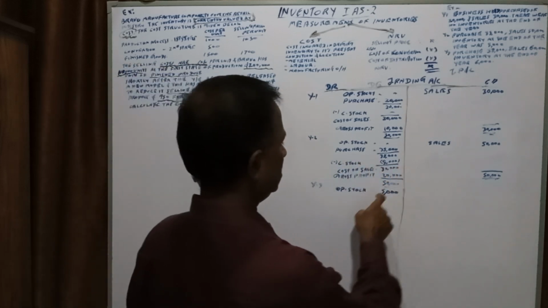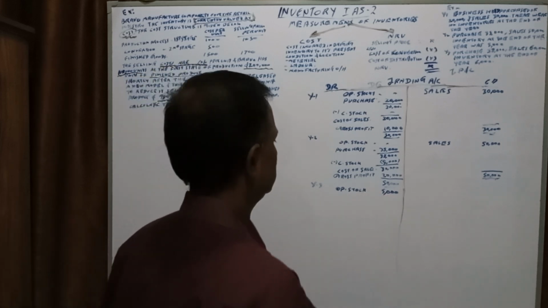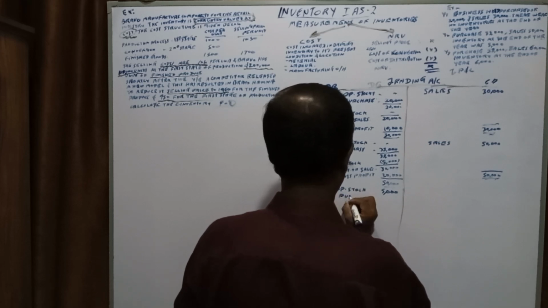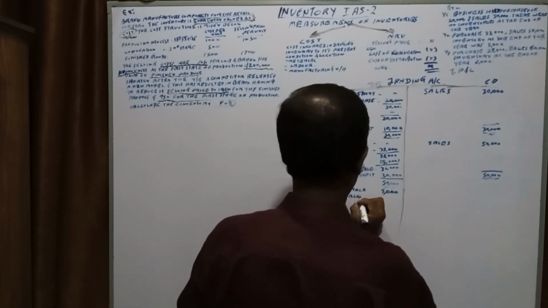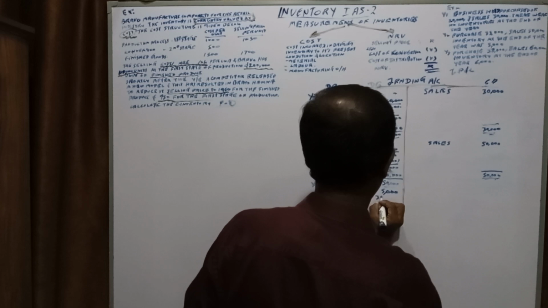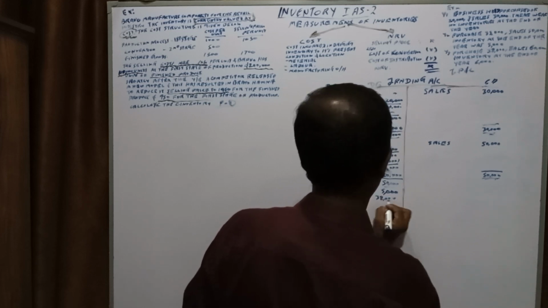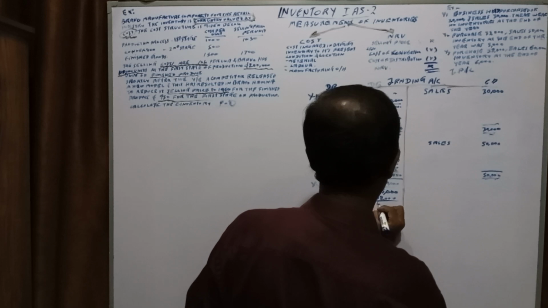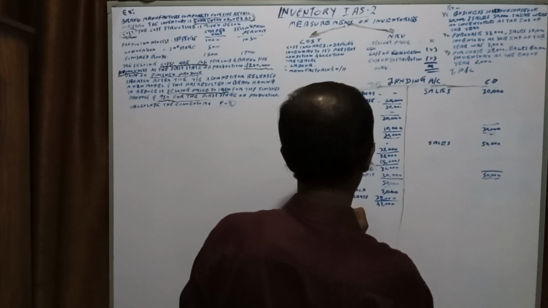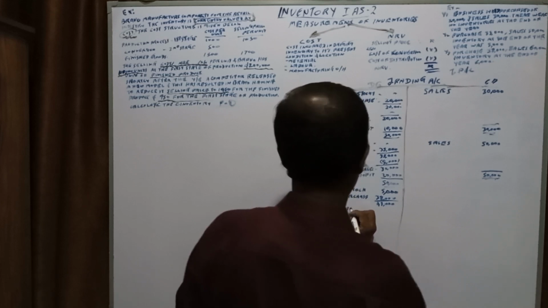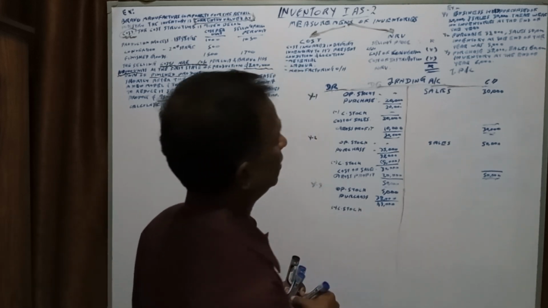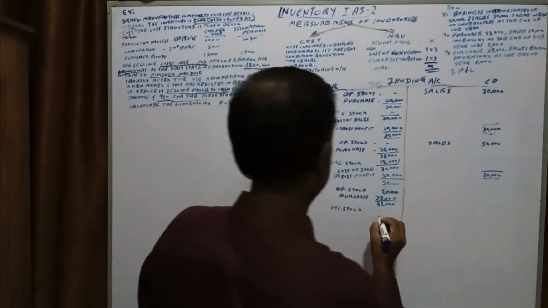Closing stock becomes the opening stock of the subsequent year. Then purchases made 38,000. Then 43,000 minus closing stock. How much is the closing stock? They said 6,000.